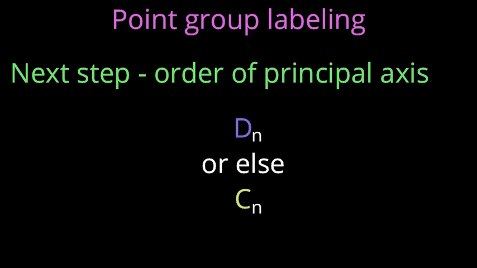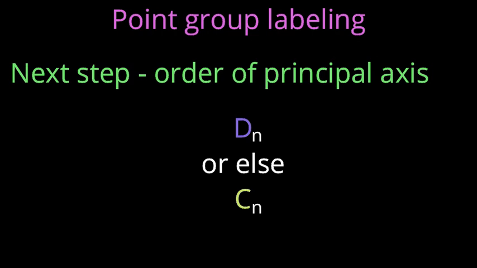Just now I said, what was the order of the principal axis? N. So capital C or capital D that we have sought out from the operations possible, followed by as a suffix we need to write order of the principal axis n. So what will be the representation now? If it is a cyclic kind of point group, then Cn will be the representation. If dihedral kind of point group, then Dn will be the representation. But just wait, yet we have not completed the labeling.